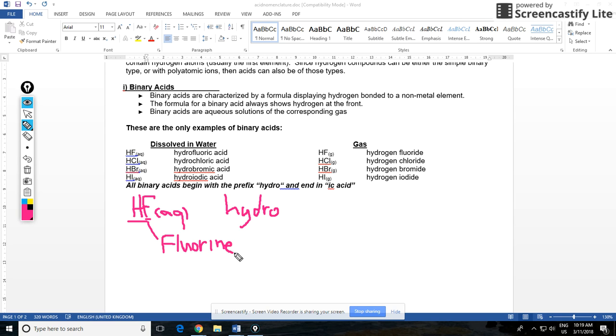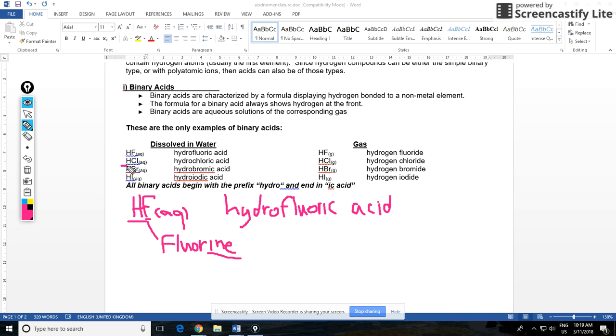What you do is you replace the ending of the element by ic. So here we have hydrofluoric, one word. And then finally at the end, to indicate it's an acid, you put the word acid. So we have hydrofluoric acid.